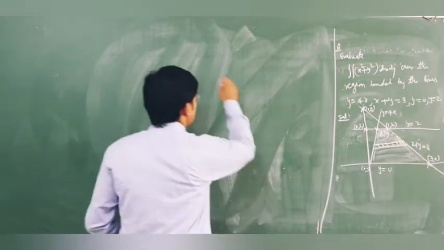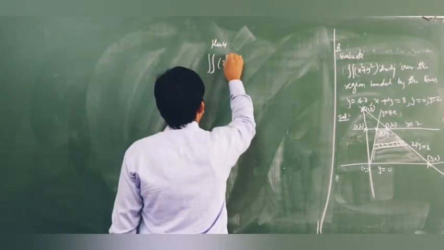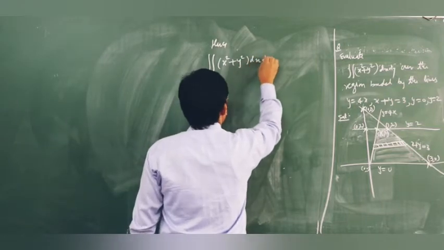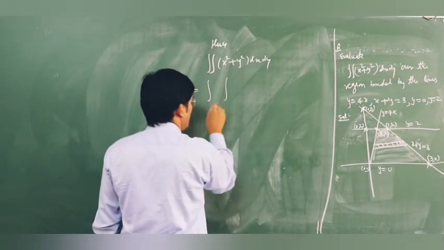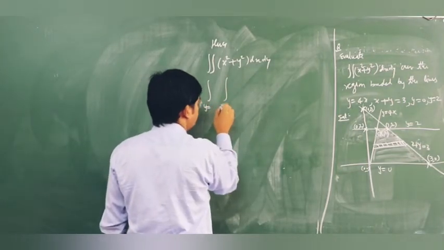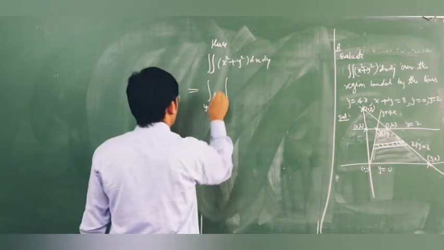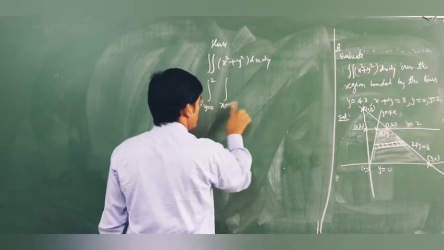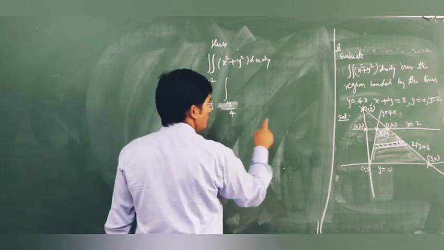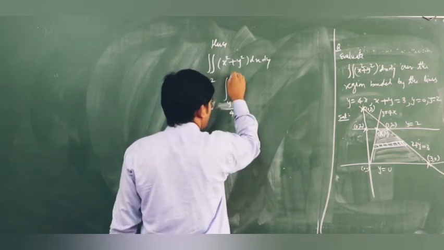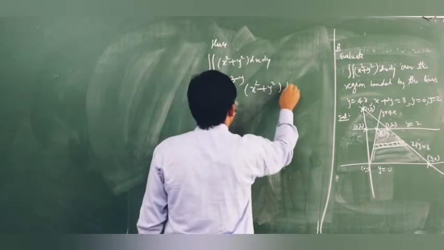So the double integration is given by, hence this double integral x square plus y square dx dy is equal to, your y is from 0 to 2, and your x is from y by 4 to 3 minus y, and we have x square plus y square dx dy.